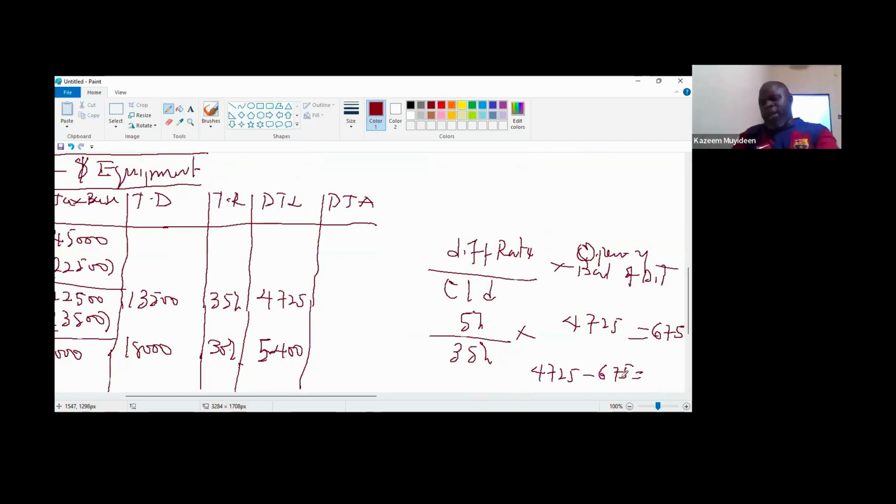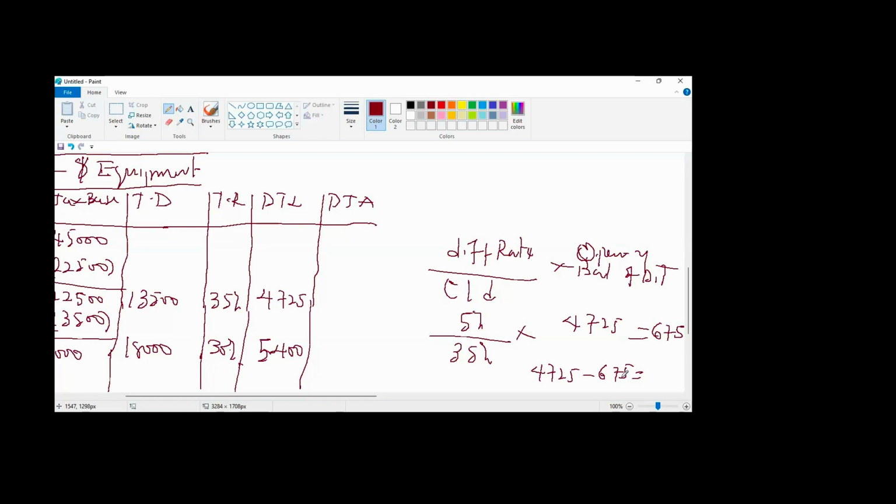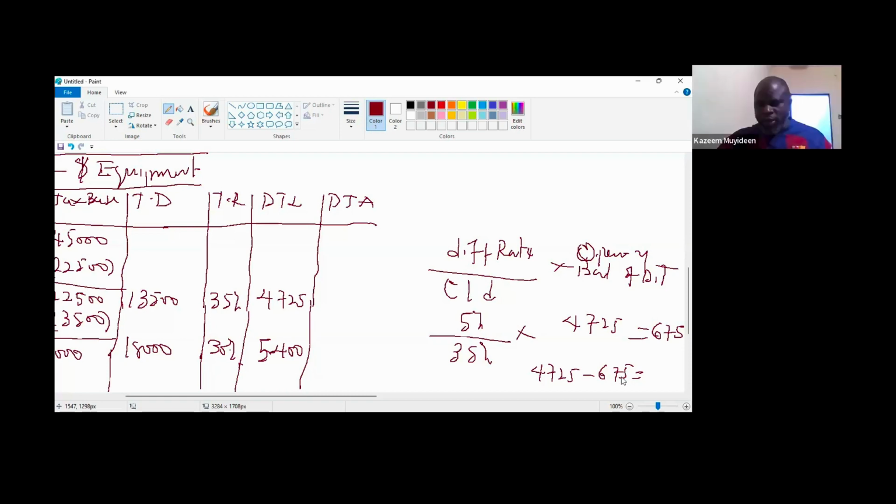It will reduce my liability. My opening balance of my liability will reduce because the tax rate has come down. When we do that, what does it give us? 4,050 naira.